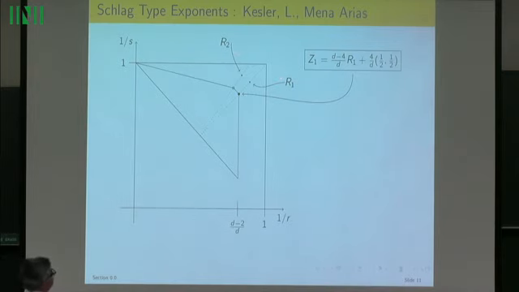And now you draw this dotted line from 1/2, 1/2 up through the Schlag exponent right there, which is on the diagonal. So it continues through 1, 1.